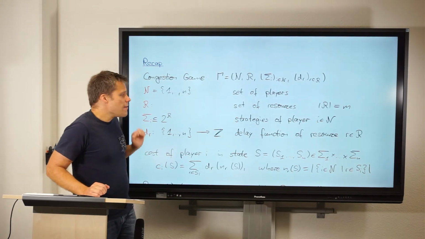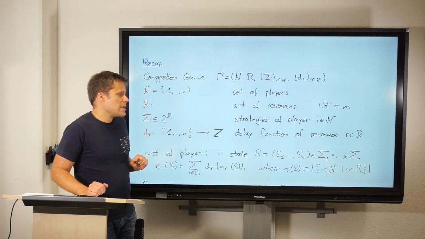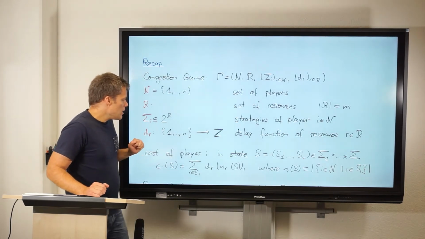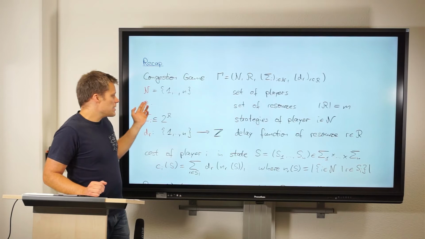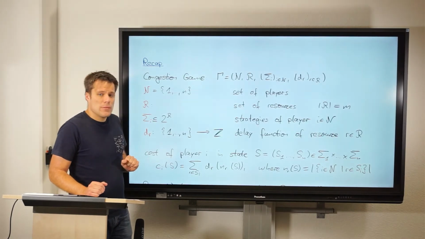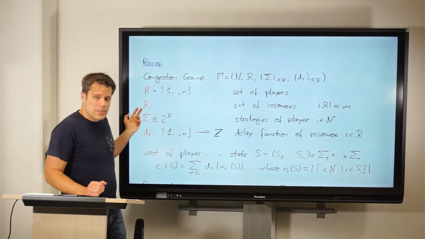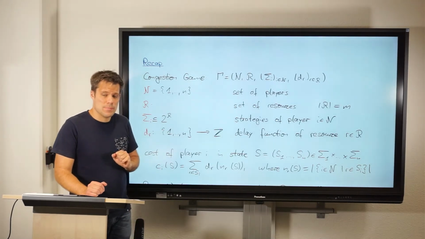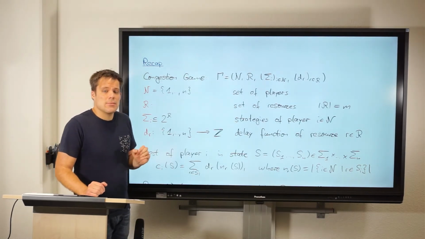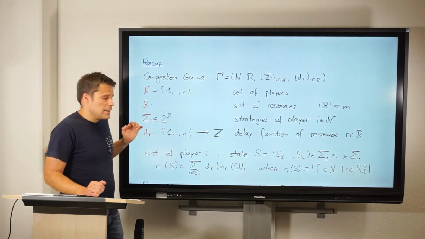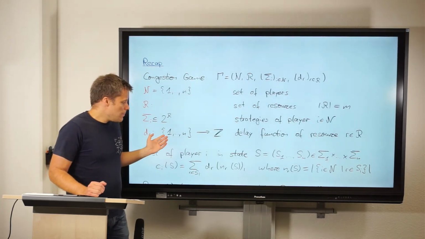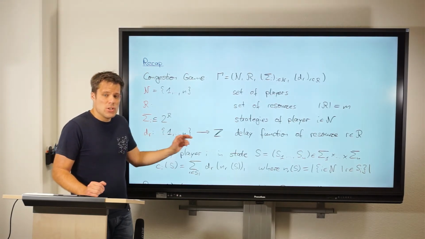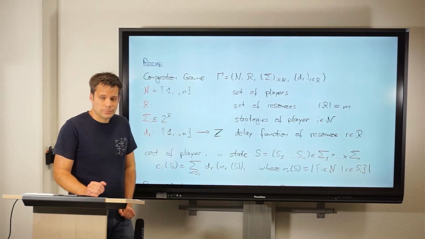And then every player has a strategy set. What is that? The strategies are subsets of the resources, meaning that the strategy space is a subset of the power set of the resources. And every resource has a delay function which maps the number of players using this particular resource to an integer.